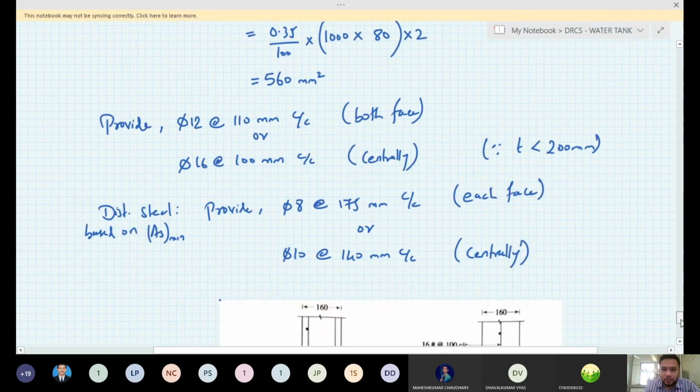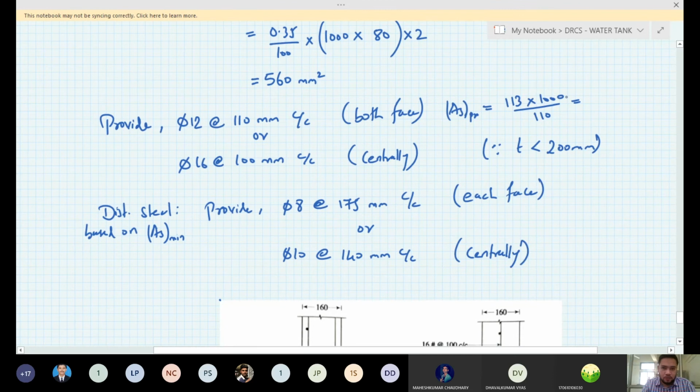Now see here you can write AS provided is equal to, for 12 dia, area of single bar is 113 multiplied by 1000 divided by 110, that is the spacing.